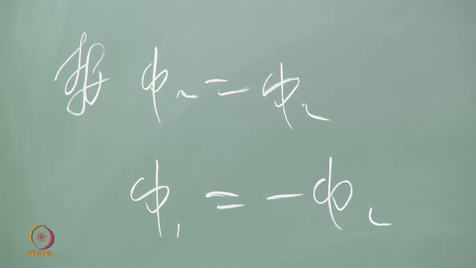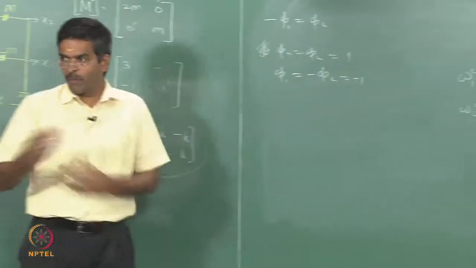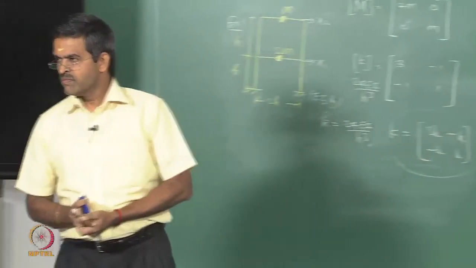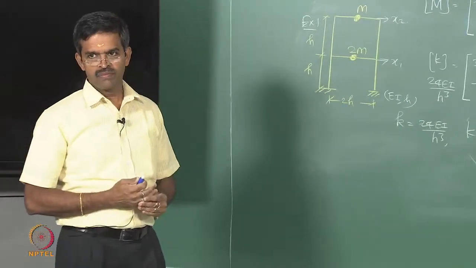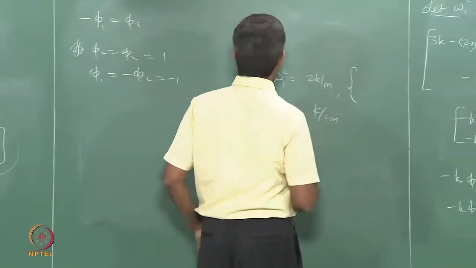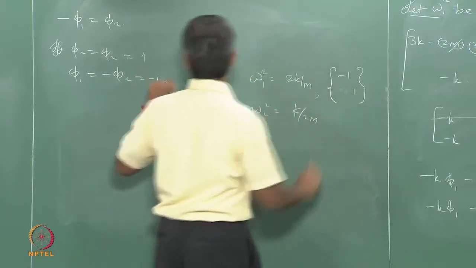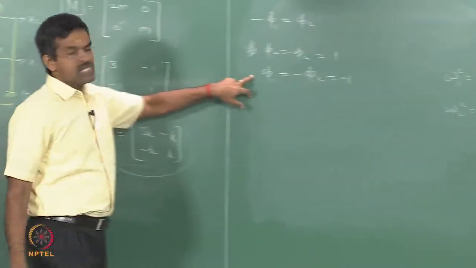Okay? I got the value now. Let us say let phi 2 be 1, phi 1 will be minus 1, proportionate, is it not? So, my vector is very simple now. For this the corresponding vector is 1 and minus 1. Phi 1 is negative of phi 2.